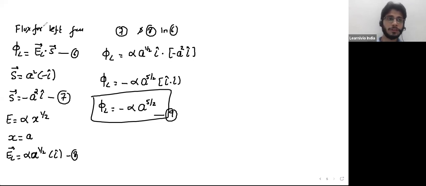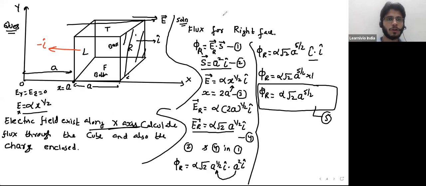See, if you have a cube, then you have to calculate flux for each of the individual faces. So we have finished with the right face and the left face. Then we will move on to the top face. Mariam, what's the direction of the top face? Towards y-axis. Perfect.